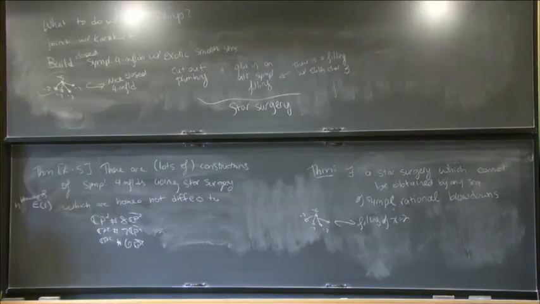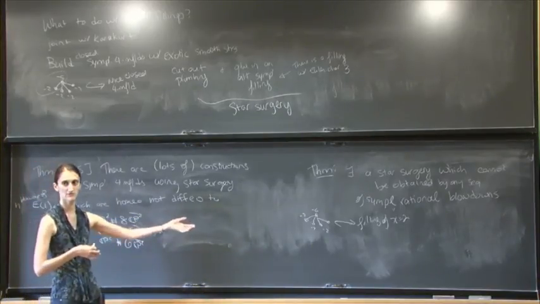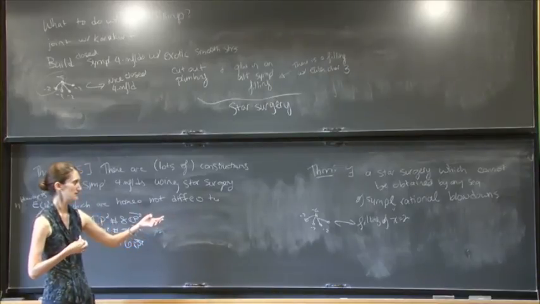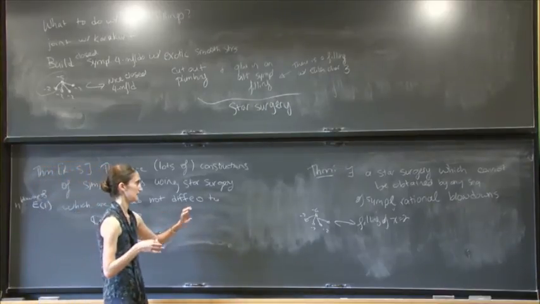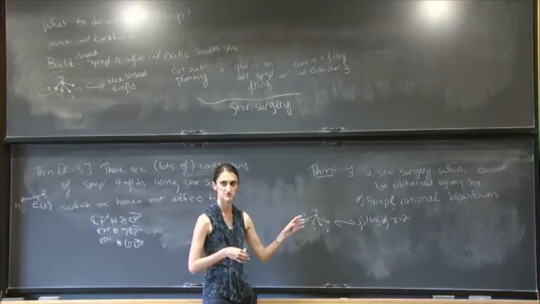But I think that we have a long ways to go in terms of utilizing these operations to their fullest potential. There's sort of two sides of the problem. One is, what configurations of spheres should we be looking for embedded inside of four-manifolds? So that's really understanding the classification of fillings problem.